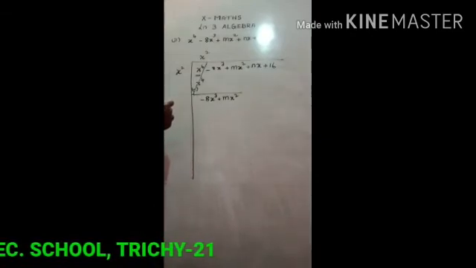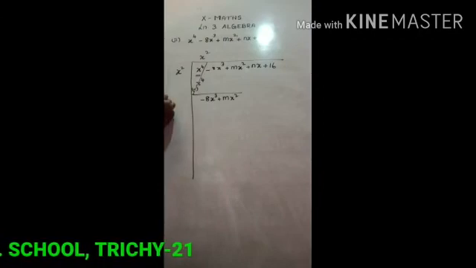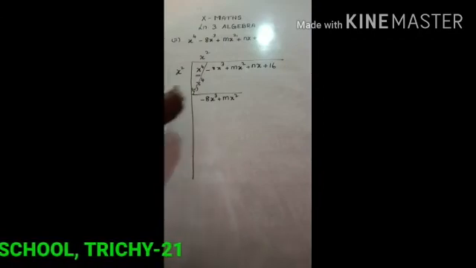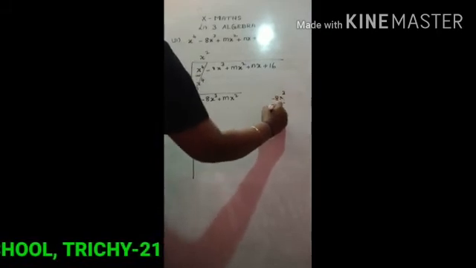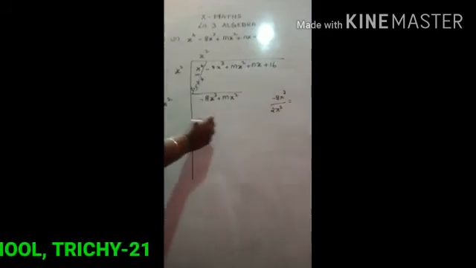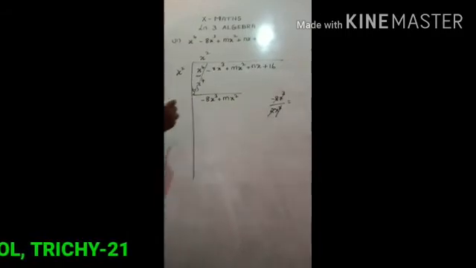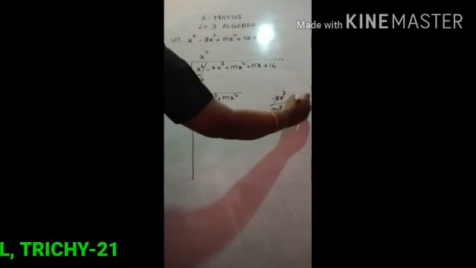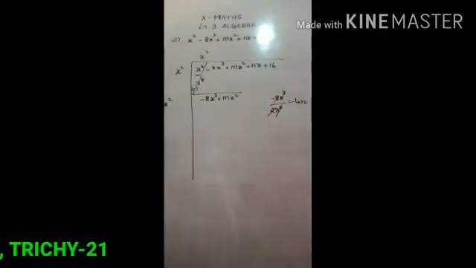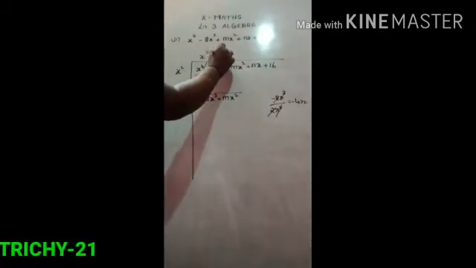Now we write the 2 in the table. In the second step, multiply by 2x square. So minus 8x cube divided by 2x square, we have x square, x cube cancels, 4 times of 2. So minus 4x. So the minus 4x is added to the quotient.